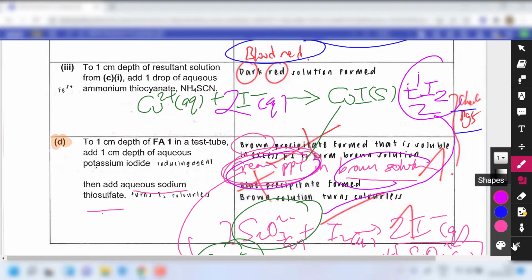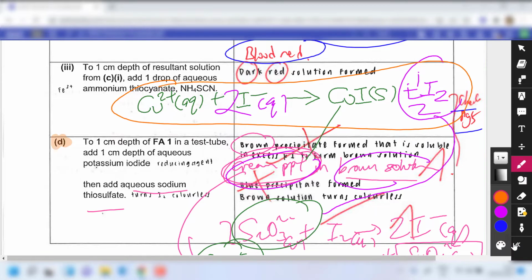This is a characteristic reaction which you need to know for H2. So just ensure that you understand this particular reaction well.